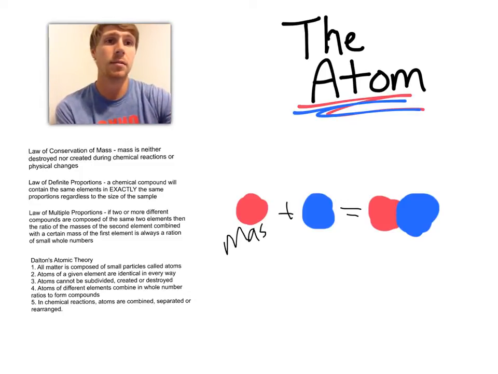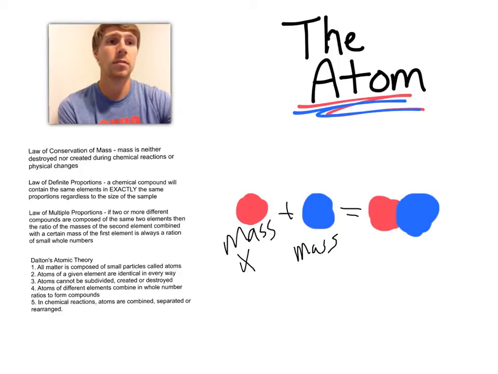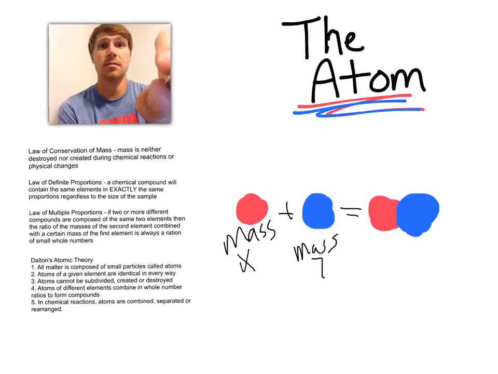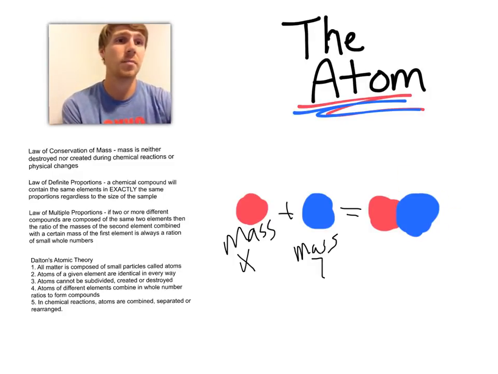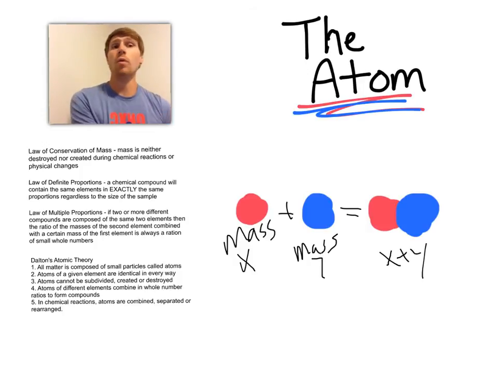Now, when we're looking at this, let's make it small again. If we have mass X of the carbon, and then our oxygen, mass Y, what do you think the mass of this guy over here is going to be? Hopefully, you guessed that it's going to be X plus Y. It can't be any more, it can't be any less, because those two things that went together have to equal up at the end. And we could go backwards.